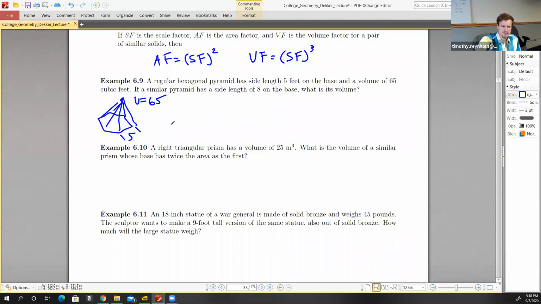So for the scale factor, if we want to take the 5 and turn it into an 8, then we need to multiply by something that's going to take 5 and turn it into 8, right? So we divide by 5, multiply by 8, and then simplify this fraction.